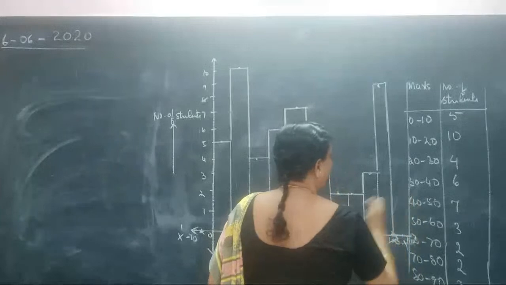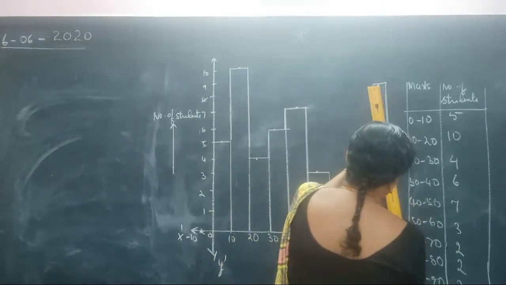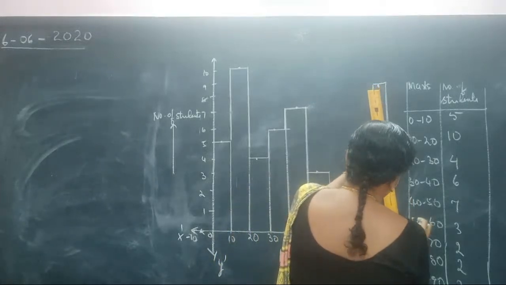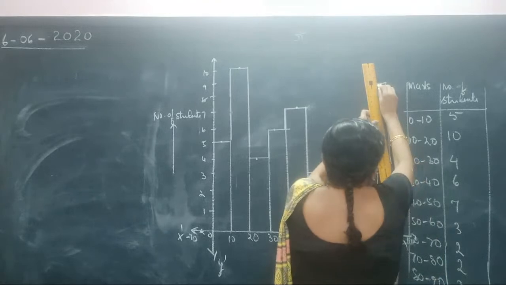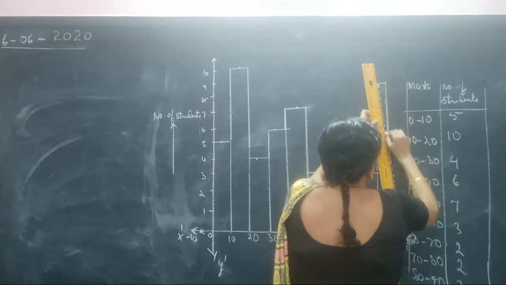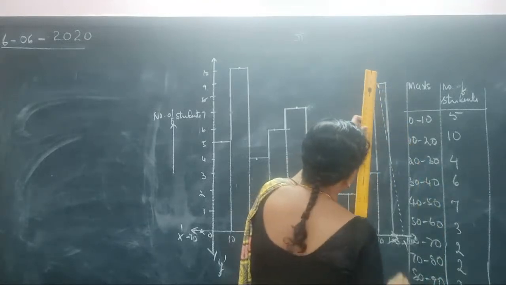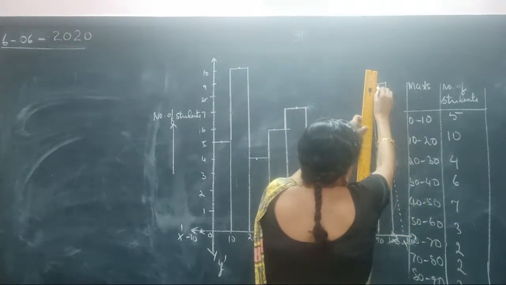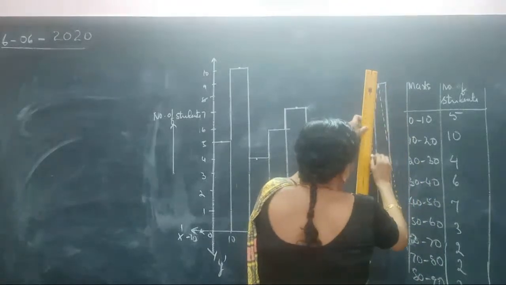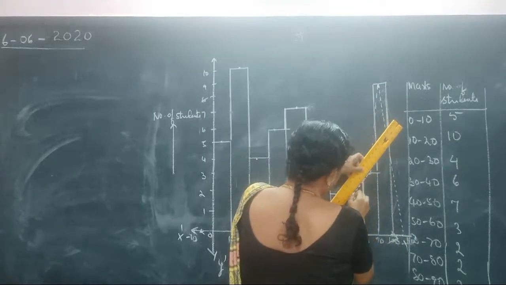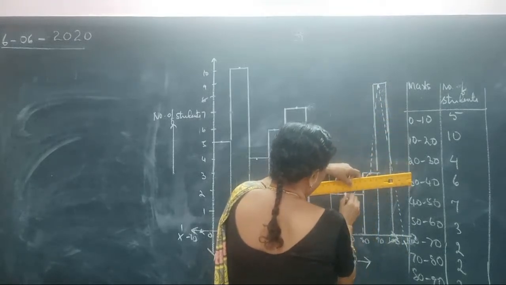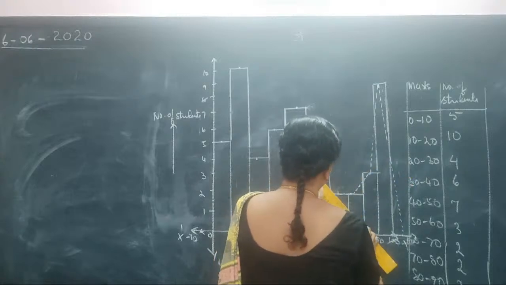So midpoint you have to join it, from midpoint to midpoint, using the dotted line like this. Then join them. Further join it.